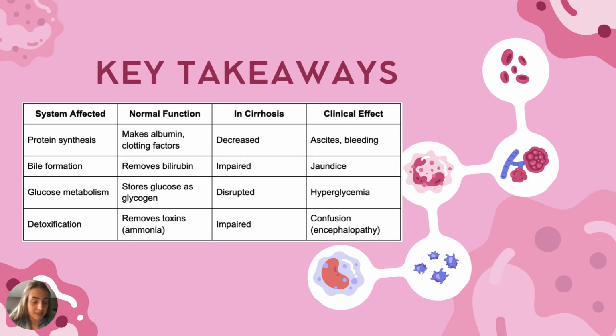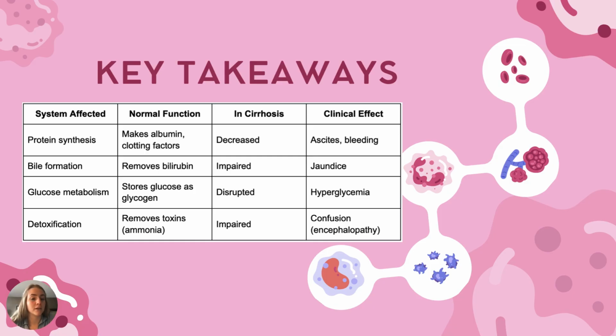We see here that protein synthesis, which happens in the liver, is a normal function. It makes albumin and clotting factors, but in cirrhosis that is decreased, and the result is ascites and bleeding. The next system that's affected is bile formation. Normally, it removes the bilirubin, but when it's impaired, that can lead to jaundice. The next system that's affected is glucose metabolism, the change from glycogen to glucose in the liver.